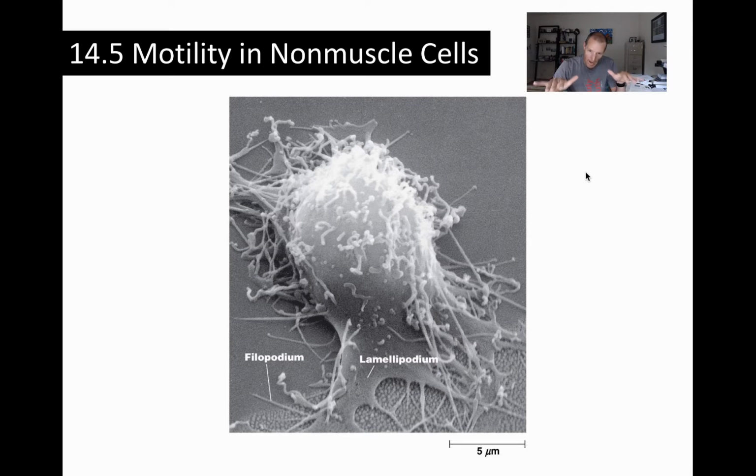using the front-anchored protrusions. To crawl, cells extend these protrusions at the front, usually called the leading edge, and that's a thin sheet of cytoplasm called a lamellipodium. Here's a lamellipodium, a thin sheet of cytoplasm, and then a thin pointed extension from the lamellipodium is called a filopodium.